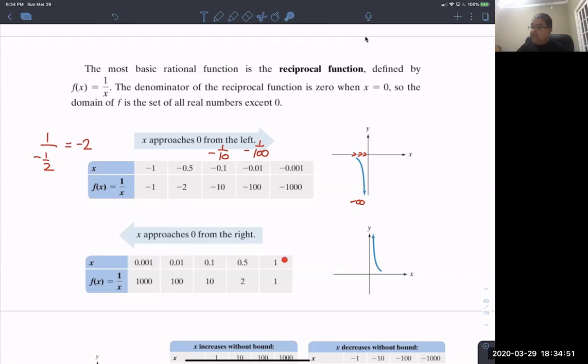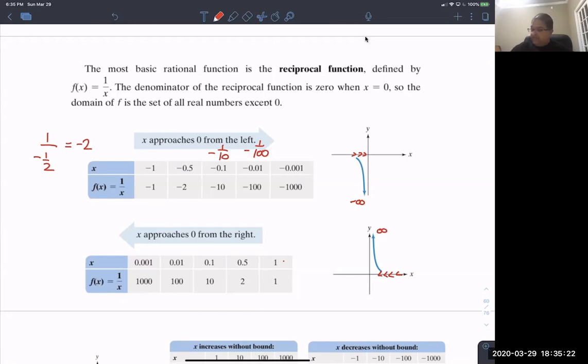So notice, as my x gets closer and closer to 0 from the right, where is f of x going? f of x is going closer and closer to infinity. And this graph shows that as x approaches 0 from the right, f of x is going to infinity.